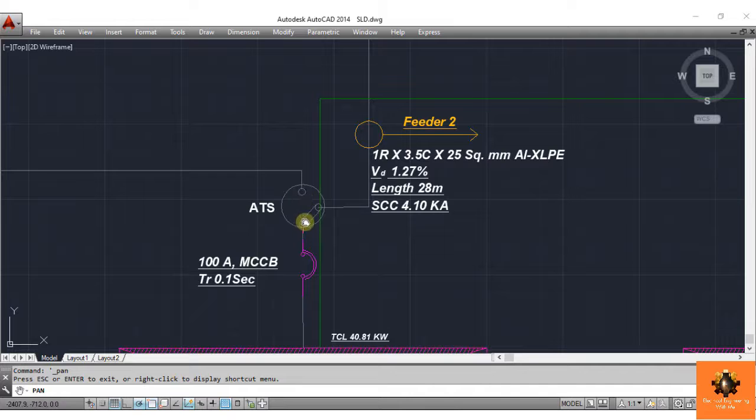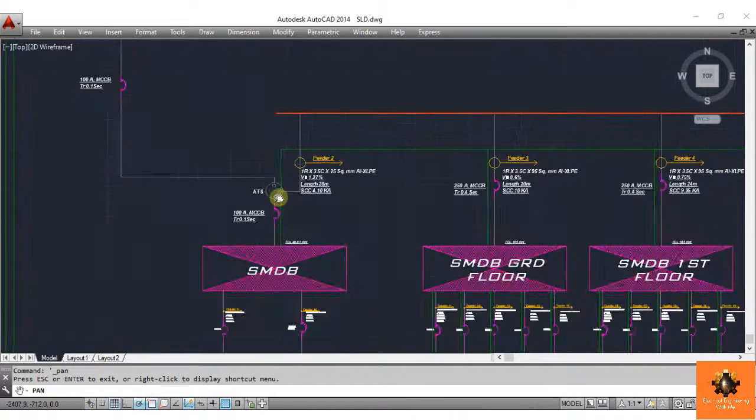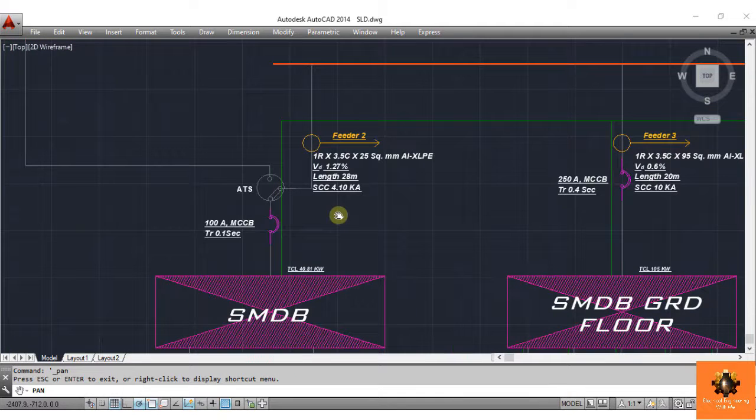And as the grid power comes back, then it will move to its initial position. Okay, so this is the ATS, automatic power transfer switch. But instead of automatic, you may also use manual transfer switch, but in that case you have to move this manually every time.